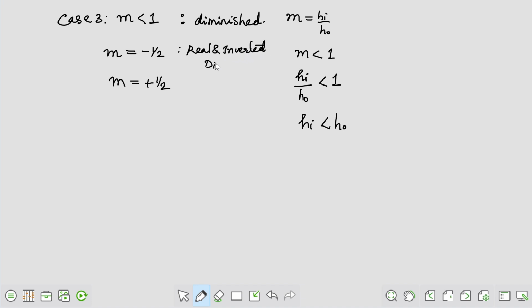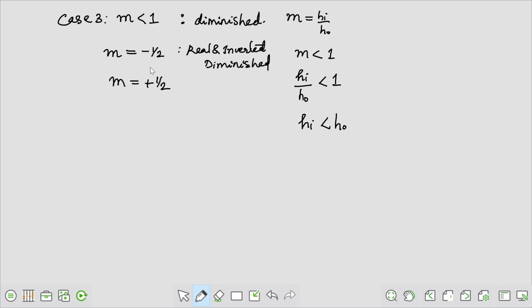So always remember, don't think that minus 1 by 2 is less than 0. Don't think like that, because the sign indicates the nature. Wherever you see minus and plus, you have to quickly tell the nature of the image, and wherever you see the values or magnitude, you have to quickly tell the size.